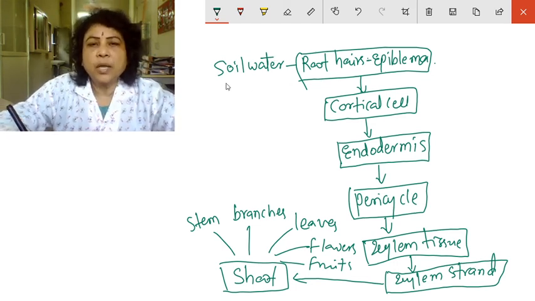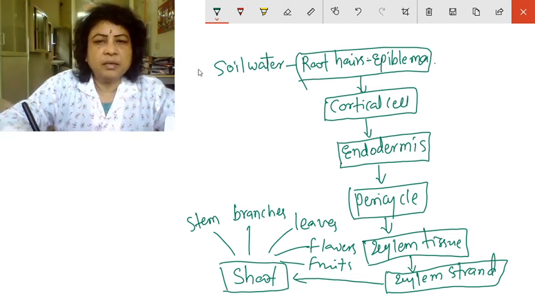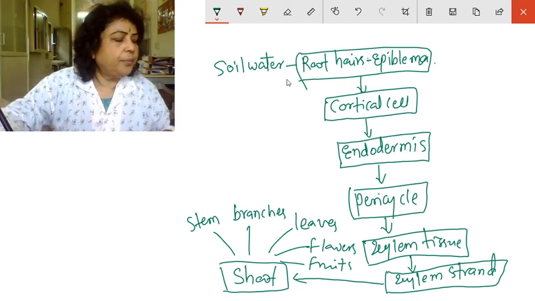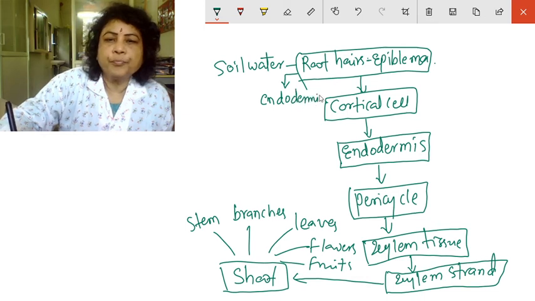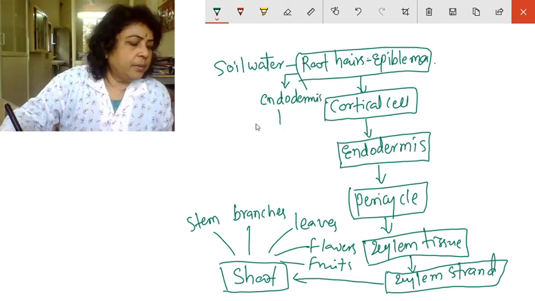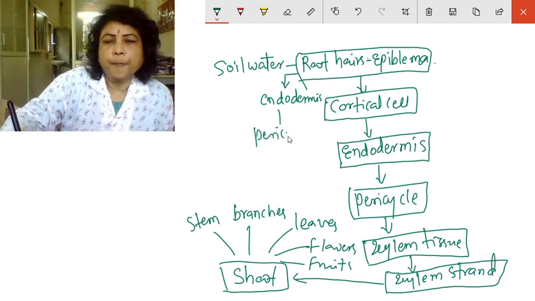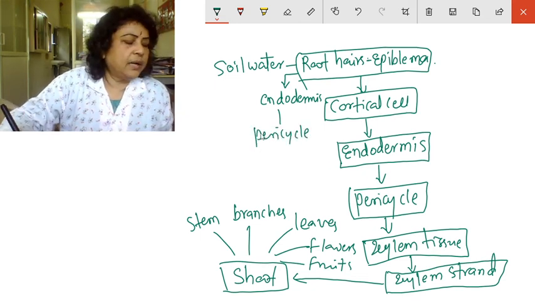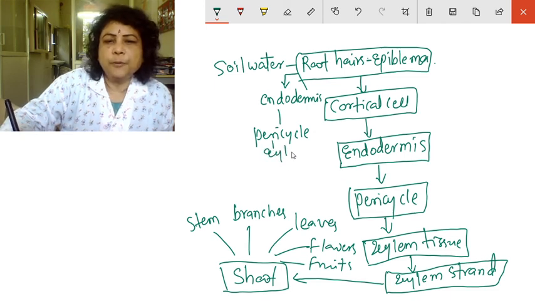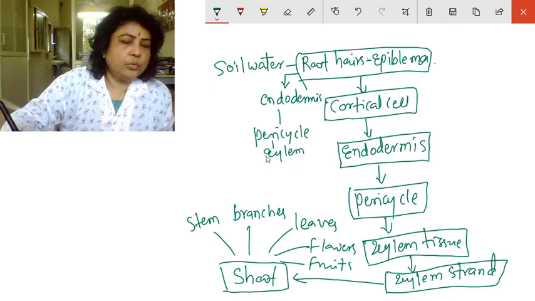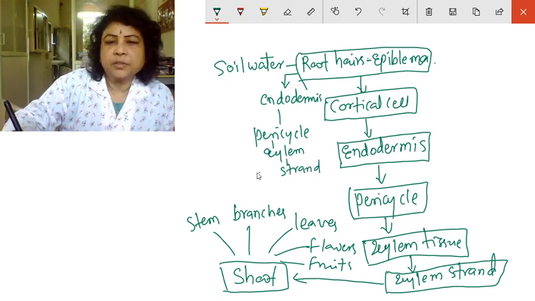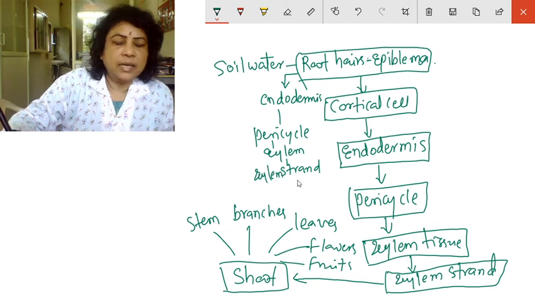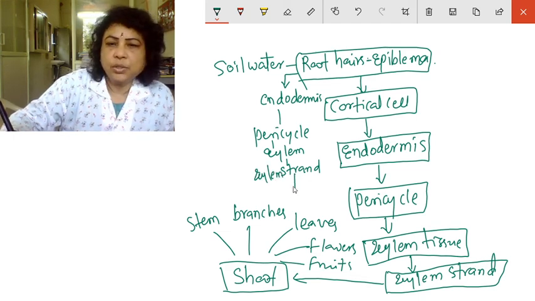I hope you got the point. We can also draw it directly: from the root it enters into the endodermis, then from the endodermis directly to the pericycle, pericycle to xylem tissue, then xylem tissue to xylem strand, and from xylem strand to the shoot.